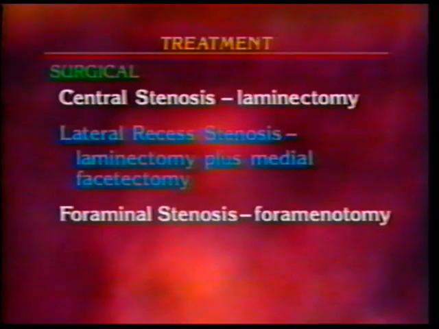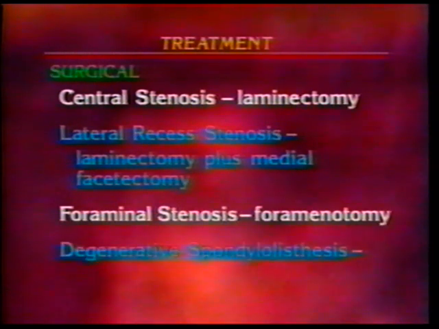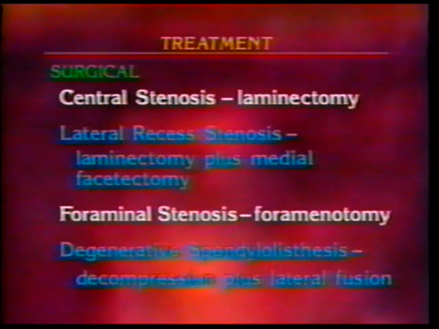If the patient has foraminal stenosis, then you must do a foraminotomy as well as the above two procedures. In the patient that has symptomatic degenerative spondylolisthesis with stenosis from it, then the above decompression plus a lateral or intertransverse fusion is the appropriate surgical management.